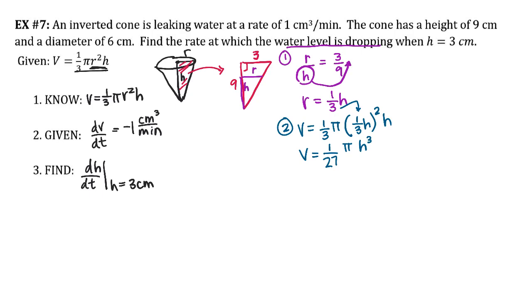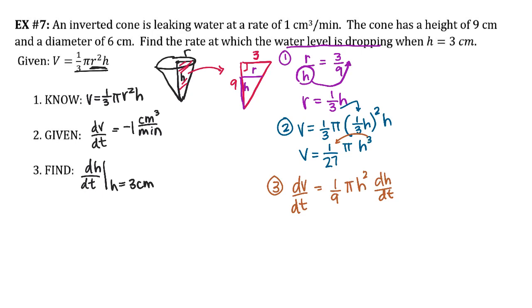Now from that, let's go ahead now and do the derivative because we have eliminated one of the variables, and that'll make it a little bit easier. So we're going to have, for the third part, dV/dt equals 3/27, so that's going to be 1/9 pi h squared dh/dt, and dh/dt is what we're looking for.